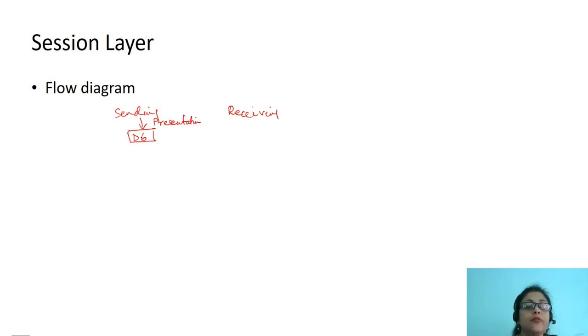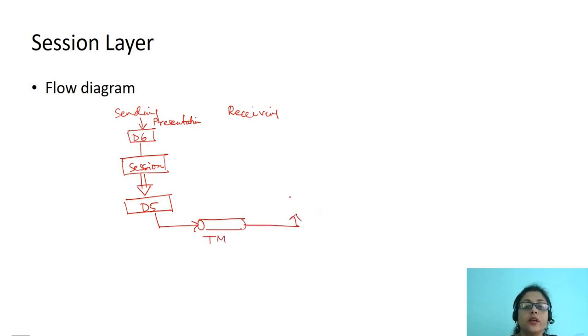So data coming from presentation layer or D6 layer comes to the session layer, and the functionalities of the session layer happen, then it creates D5 data.